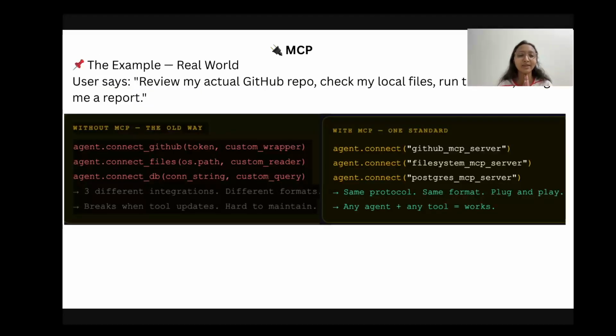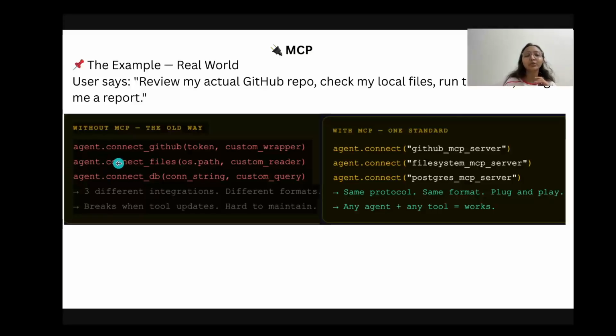Again, using an example: here users ask us to review the GitHub repo and also review the local files, and then we need to run the tests and provide a report. Suppose we are not using the Model Context Protocol.